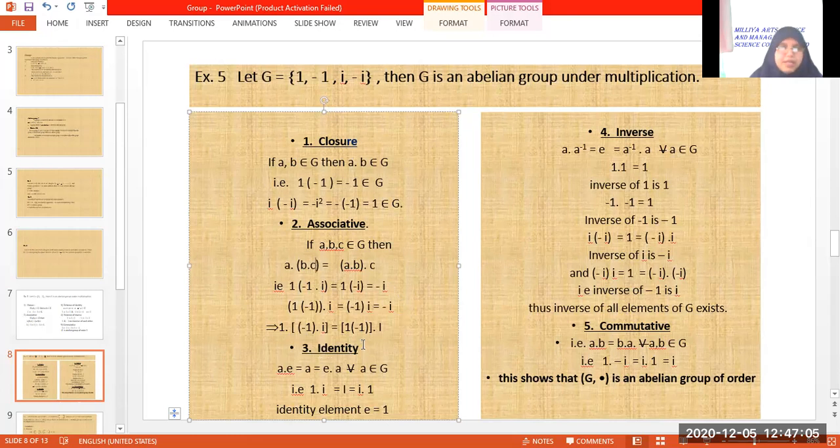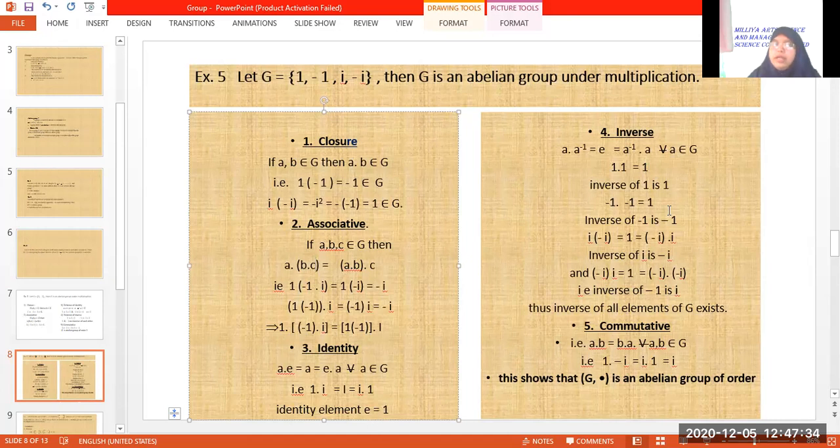Existence of identity element. A dot E is the same as A is equal to E dot A for every element of G. 1 dot i is equal to i, which is equal to i dot 1. Identity element E is equal to 1. Next is existence of inverse. 1 into 1 is equal to 1, which means the inverse of 1 is 1, since 1 is the identity element.